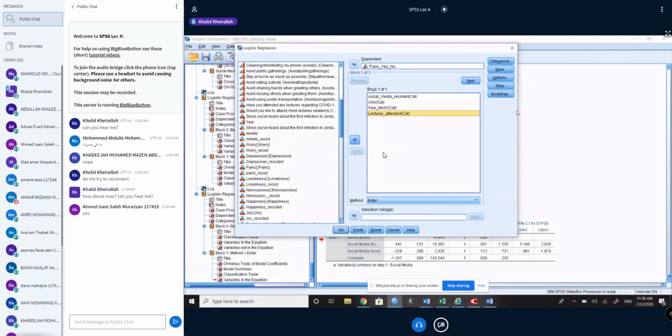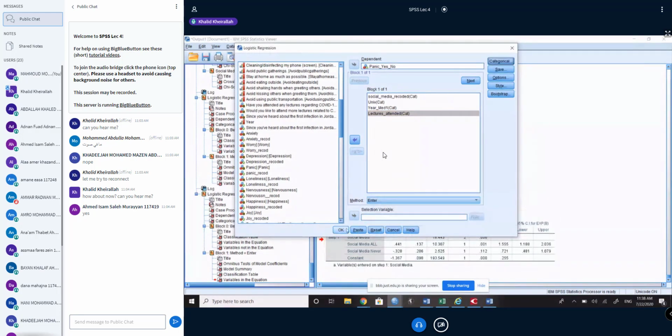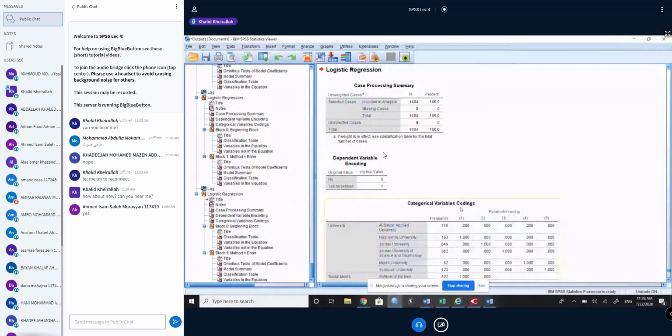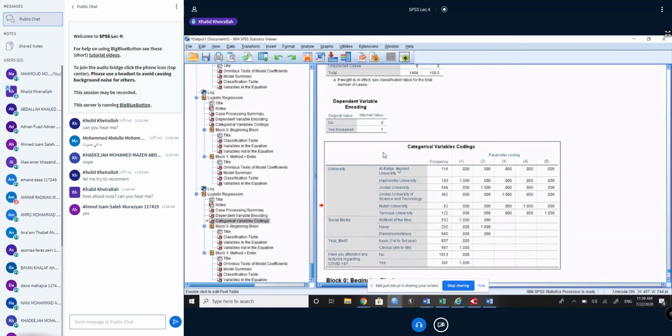If we hit categorical, we did all that first. Okay, so the first thing is going to give you the variable coding. So this one, it has 6 values. The first one will be the reference group, the one with the zeros is going to be the reference group. So Al-Balqa is going to be the reference group.